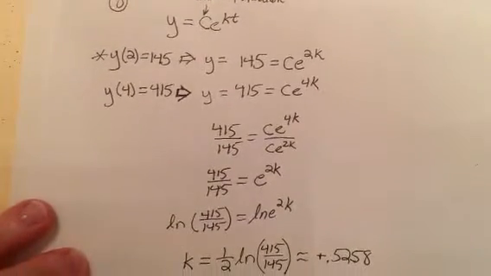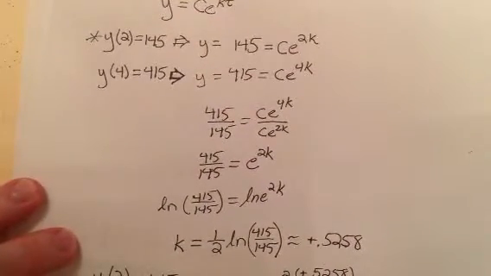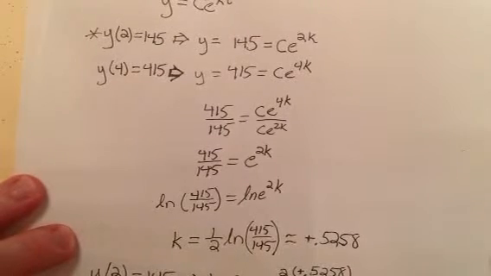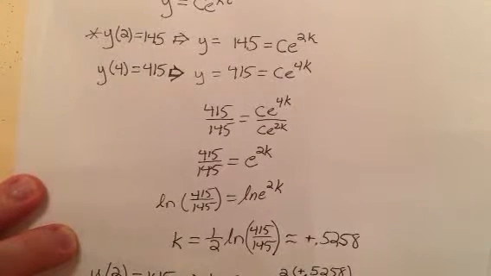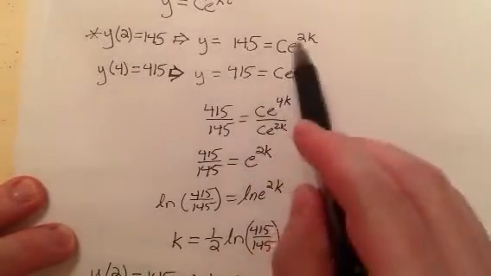Using the natural logarithm on both sides, k is going to be 1/2 the natural logarithm of 415 over 145, which comes out to 0.5258.